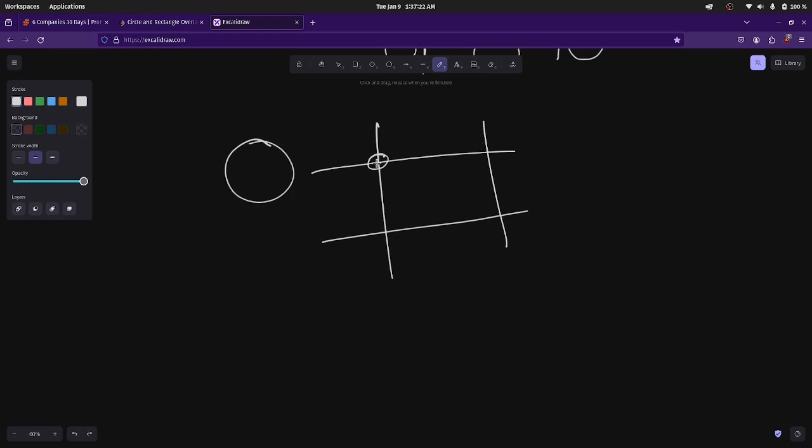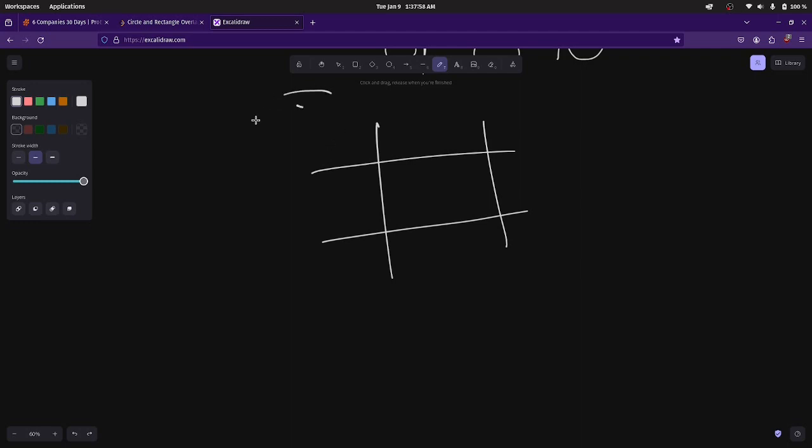We just need to check if it is smaller than x1, then it is lying somewhere around here, and if it is greater than x1 and smaller than x2, then it's lying here, and if it's greater than x2, then it's lying here. So the position of the circle can be defined. Okay, one problem is done. We don't need to check for every possible line. That is a good way.